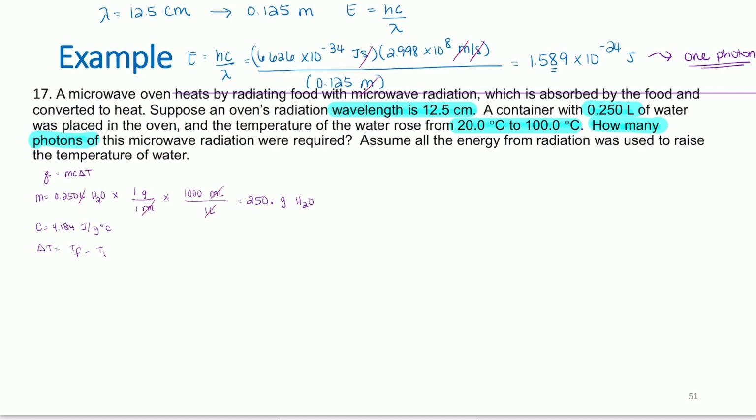Okay, so let's go ahead and plug it into our equation. Q equals 250 grams of water, specific heat of water, T final, 100 degrees C, I'm starting at 20 degrees C. So 100 minus 20 is 80.0, times 4.184, times 250. Q is equal to 83680.